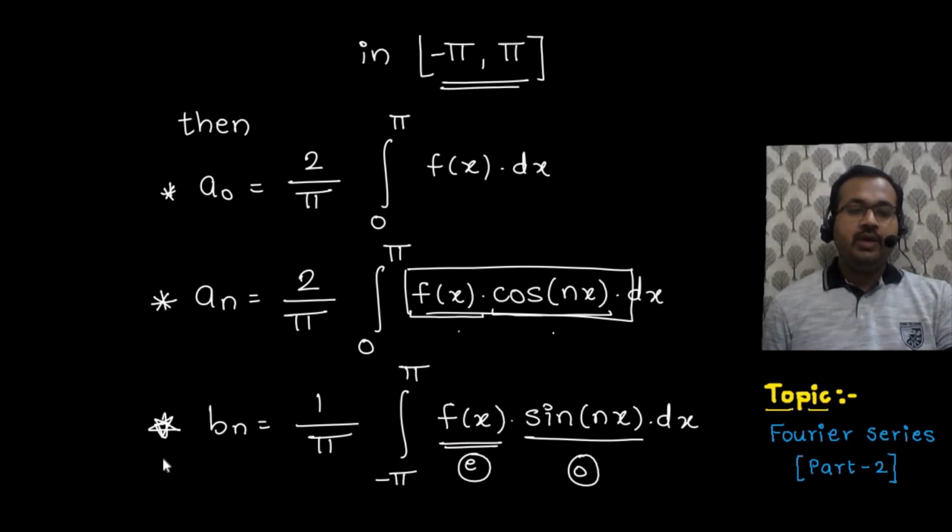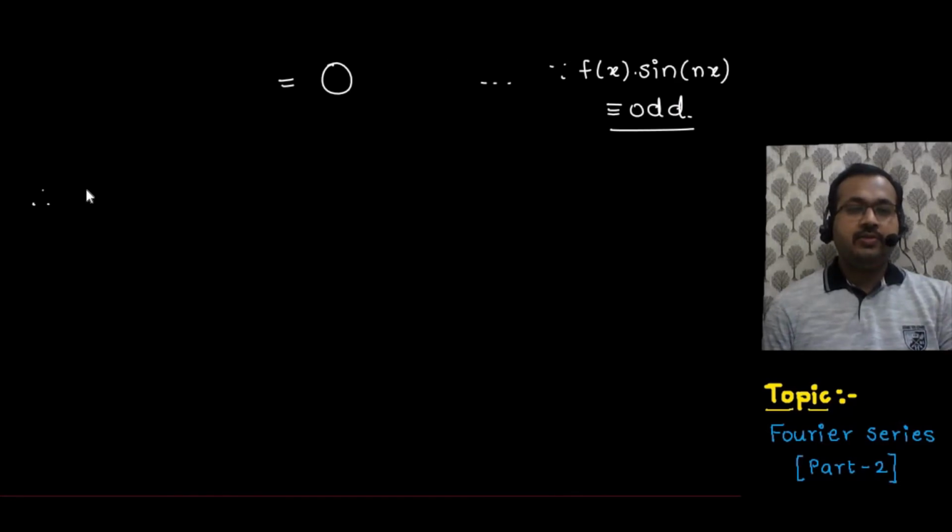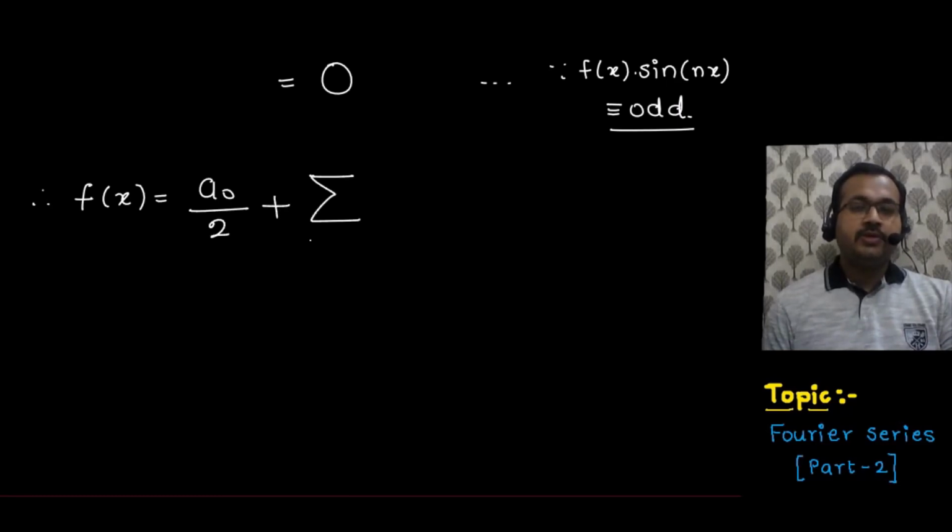Here bn vanished. Therefore the required Fourier series is nothing but f of x is equal to a0 upon 2 plus summation n varies from 1 to infinity an into cos nx.